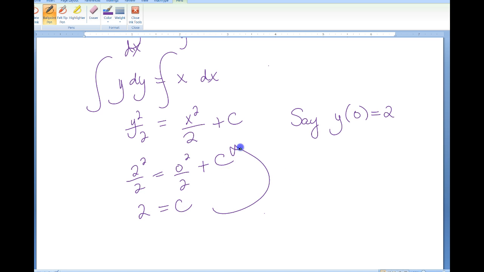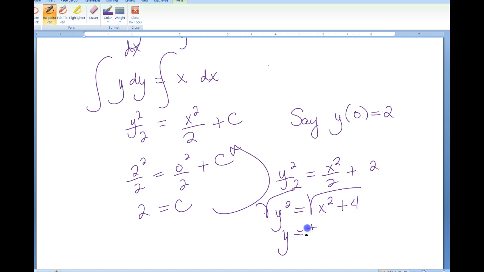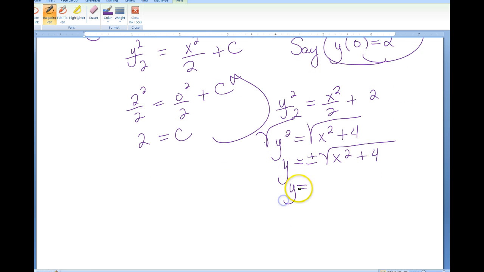So then we go back to here. So y squared over 2 equals x squared over 2 plus, oops, that's supposed to be 2. So now we want to isolate y. So we multiply everything by 2. We get this. And then we square root everything. Now technically we would get plus or minus. We need to make sure the initial condition holds true, so it's got to be plus.